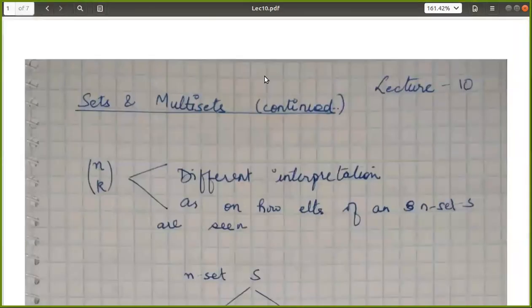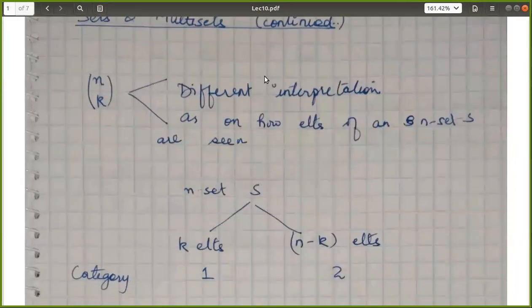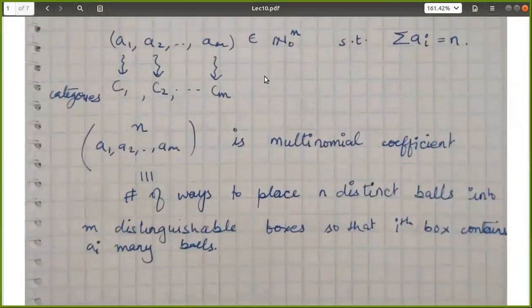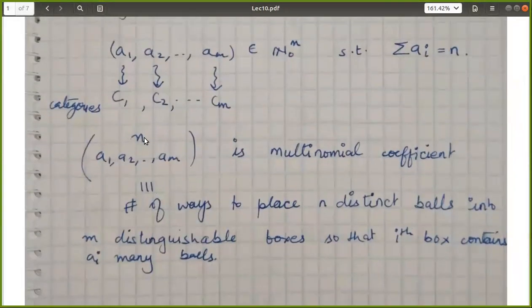So here we talked about this multinomial coefficient n choose a1, a2, up to am, with these a1, a2, up to am summing to n. If you had just two terms here, a1 and a2, it was n choose a1 comma a2, which was nothing but n choose a1.